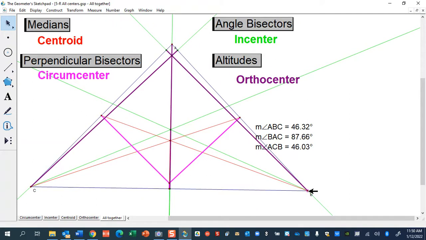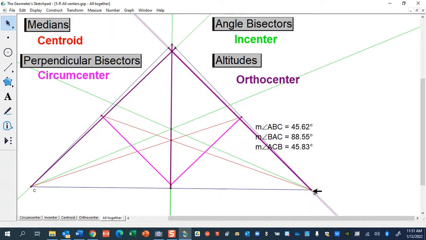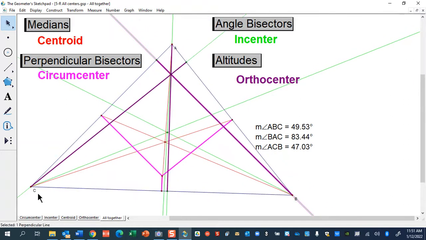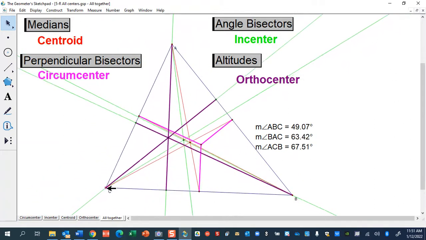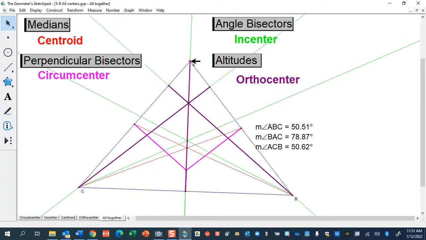What kind of triangle is that? Acute. Keep going. Yeah, I'm going for isosceles, right? I'm a little bit off. Ready? What am I going for?